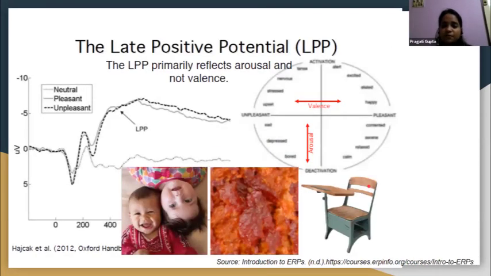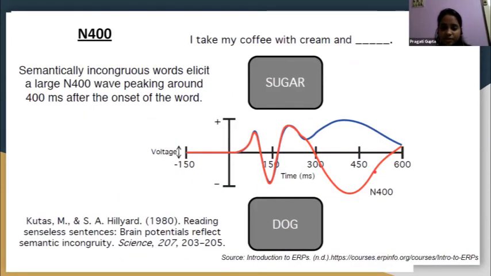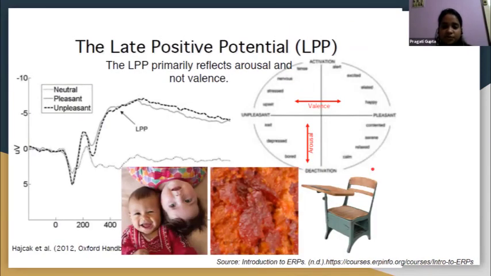Then we have the late positive potential. These are observed after the N400, around 400 to 600 milliseconds, and are observed when the participant is seeing stimuli which arouse them. For example, in emotional tasks, we see the LPP specifically.